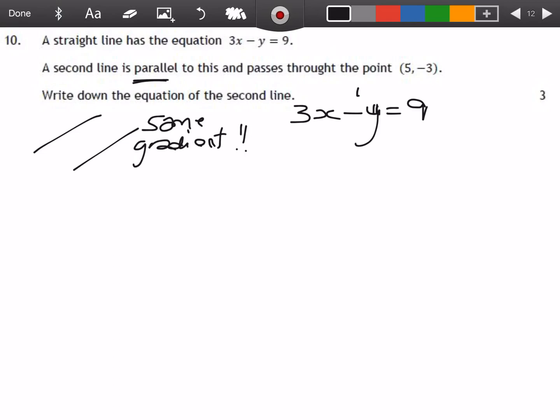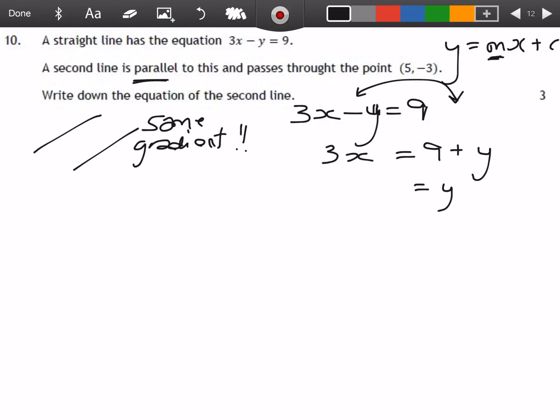I'm going to move the negative y across, and it will say 3x equals 9 plus y. So remember, we want to change it to y equals mx plus c. Y equals, I'm going to move the 9 back now. There we go. So basically, y is equal to 3x minus 9.